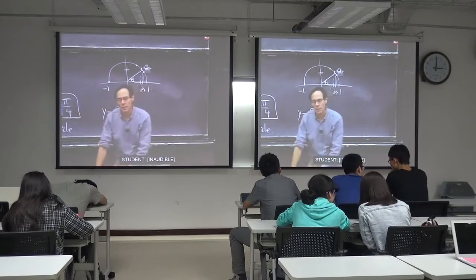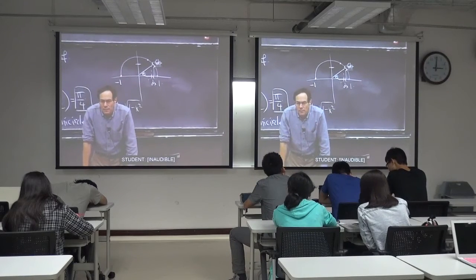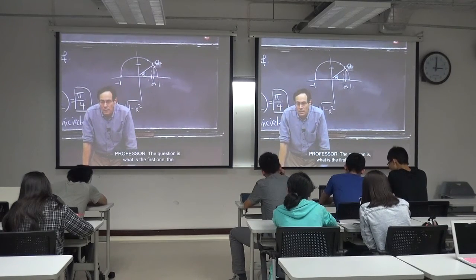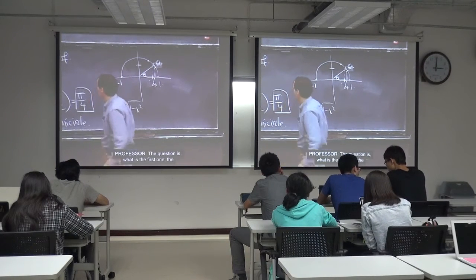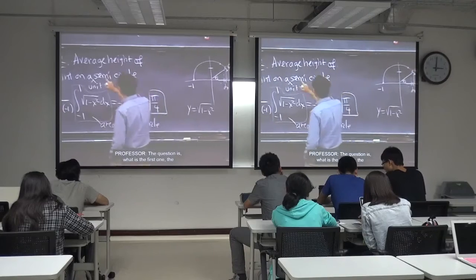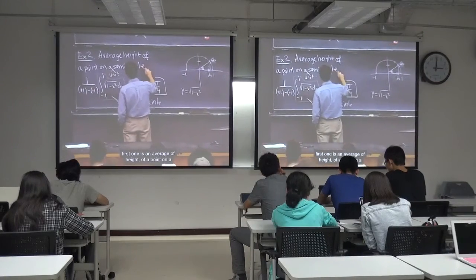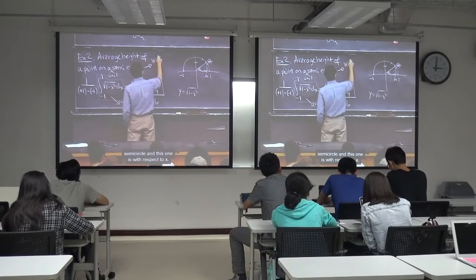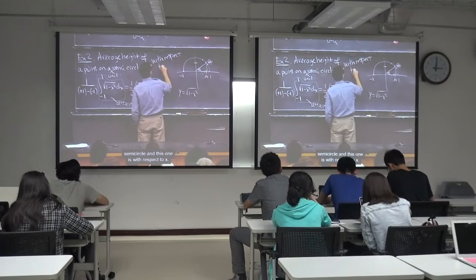Another question? Yeah, the question is, what is the first one? The first one is the average of the height of a point on a semicircle, and this one is with respect to x.